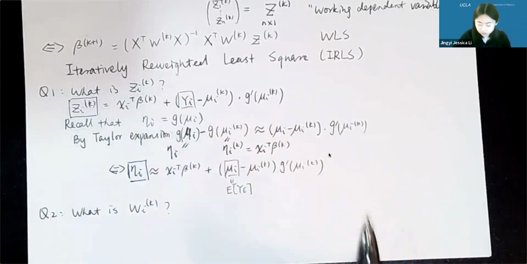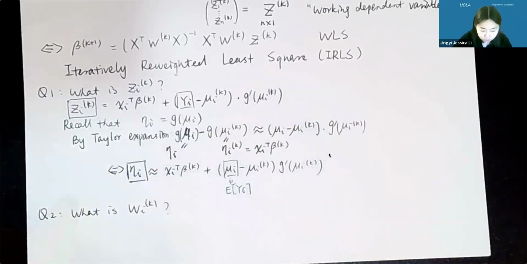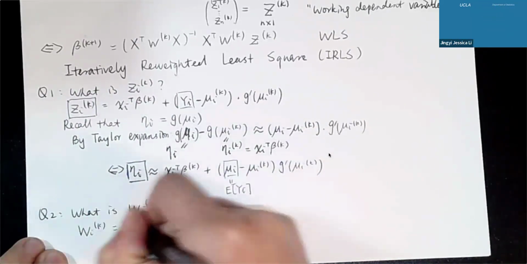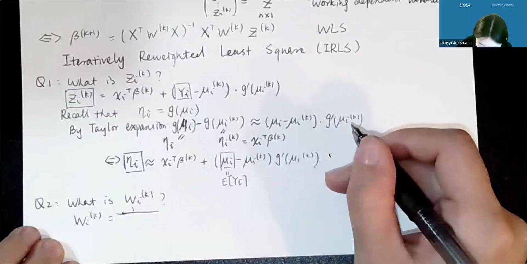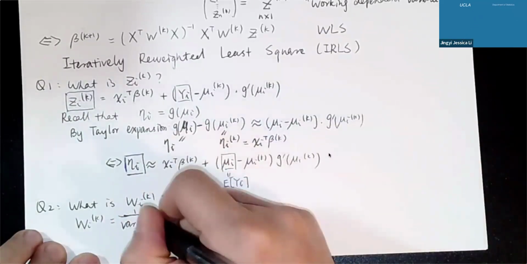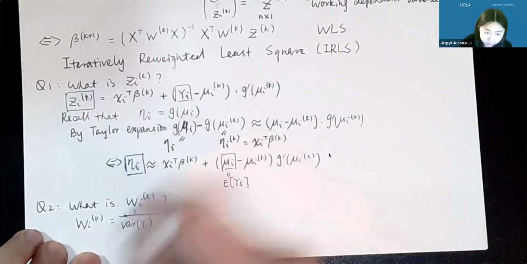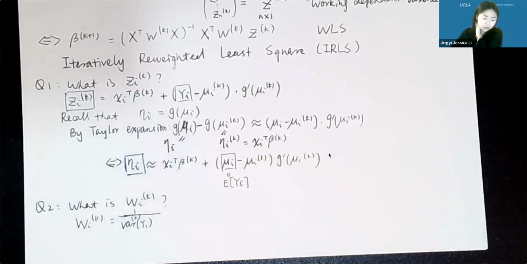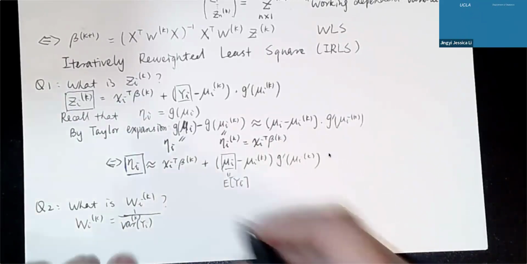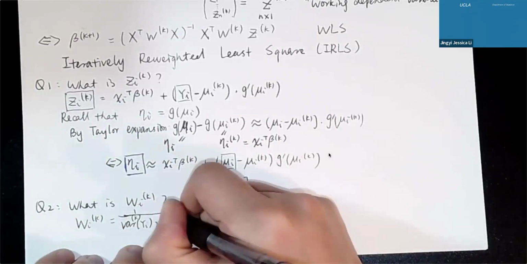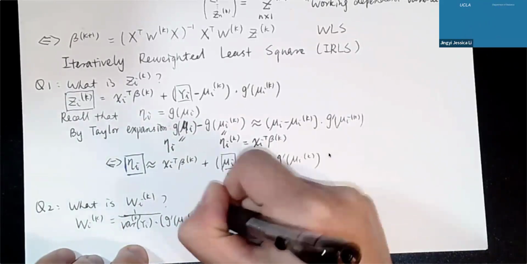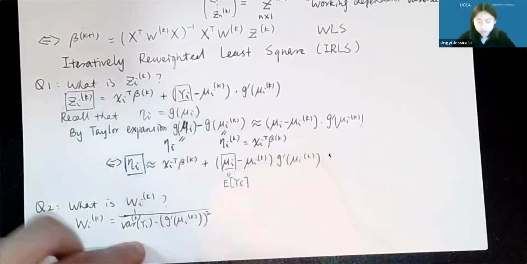Wik is the inverse of the variance of yi, and this variance should also carry a k, because the variance involves parameters and we are using the kth values, the current values, times this g prime mu ik squared. So as long as we involve parameter values, we should carry k.